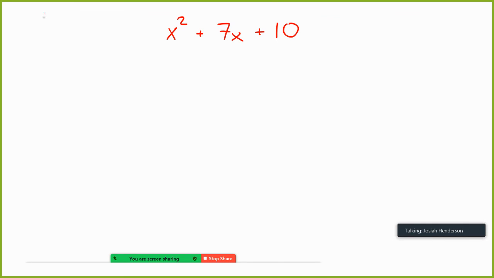We're not doing this example right now, but we'll be doing this Thursday and next week. If you were given a polynomial like this, a quadratic, our goal is to factor this to its original form, where it's x plus something times x plus something.